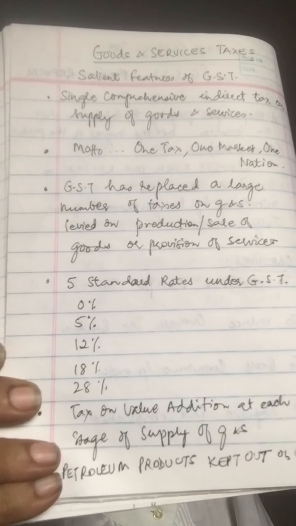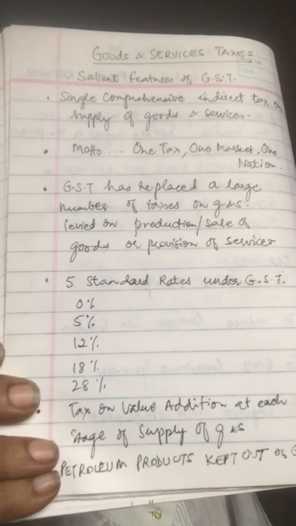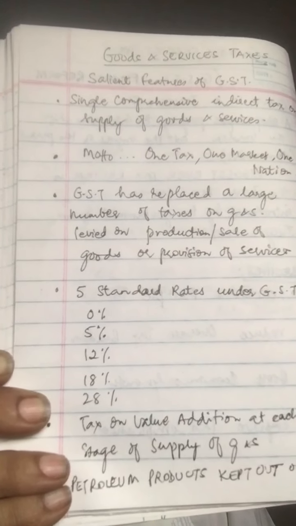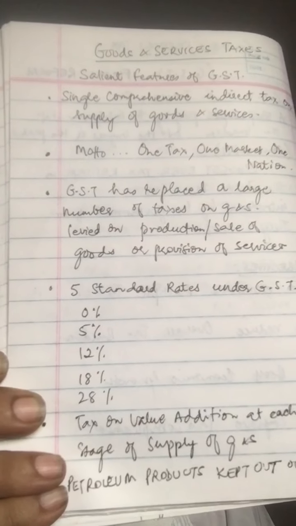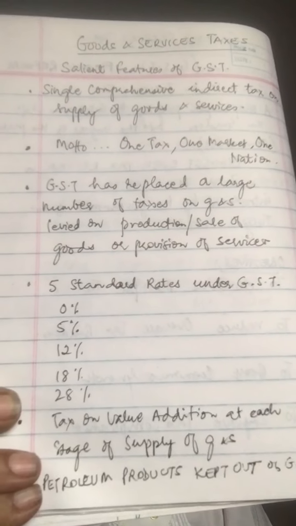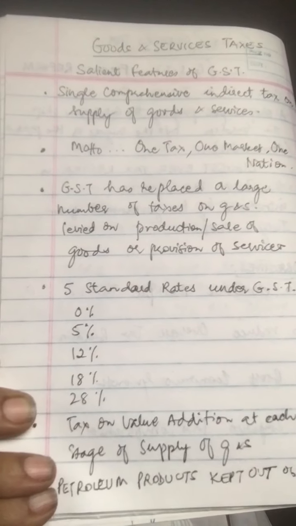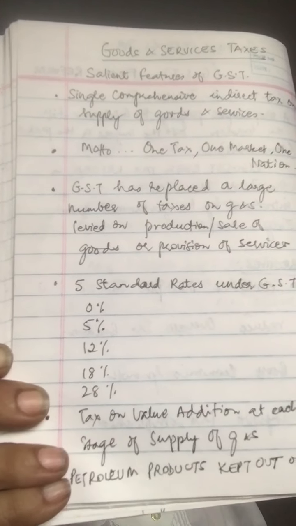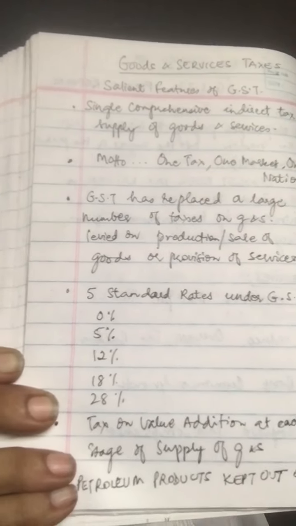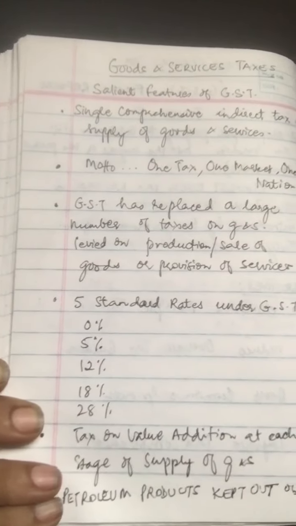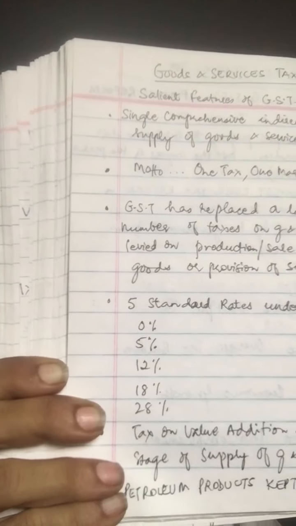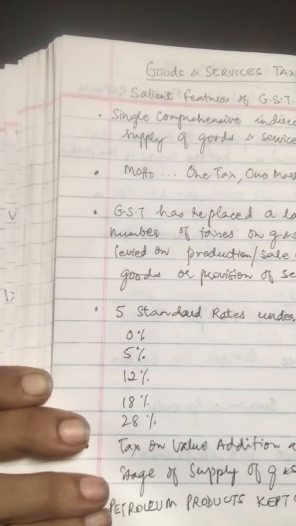Again, state taxes which have been subsumed in the GST are VAT, value added tax or sales tax, then entertainment tax, octroi, taxes on advertisement, taxes on lotteries, gambling, state taxes on goods, etc.